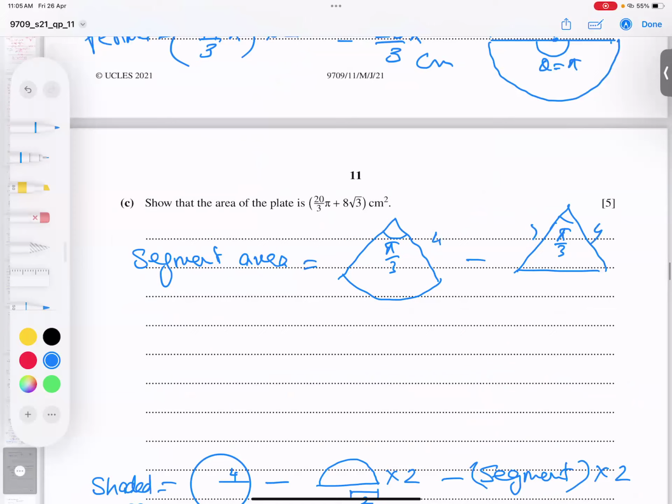Half r square theta. And triangle half times A times B times sine theta. And now I'm just typing in calculator. 16 divided by 2, I got 8. This is 8 pi by 3 directly.